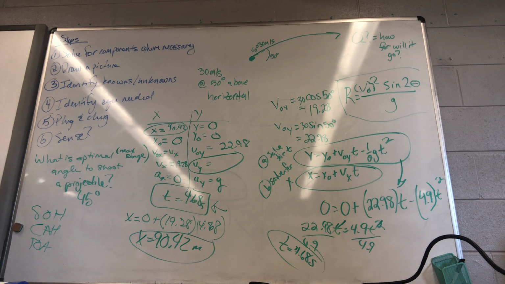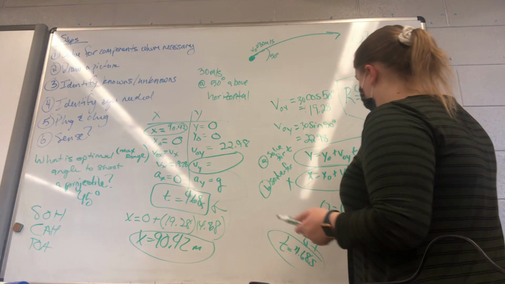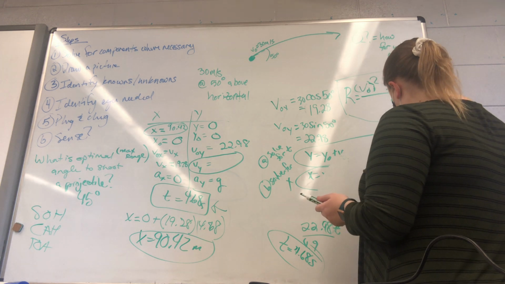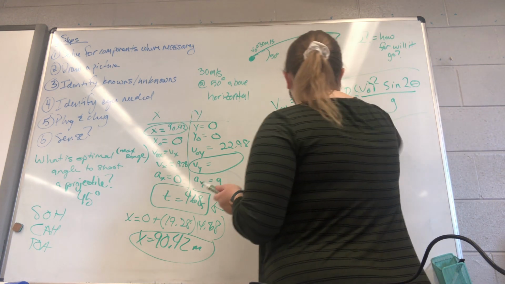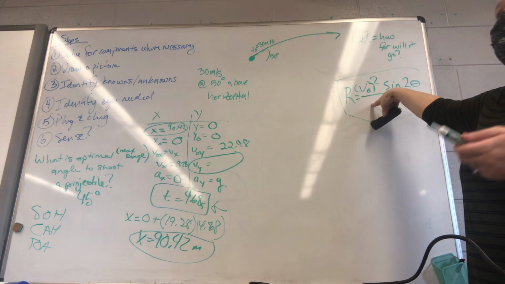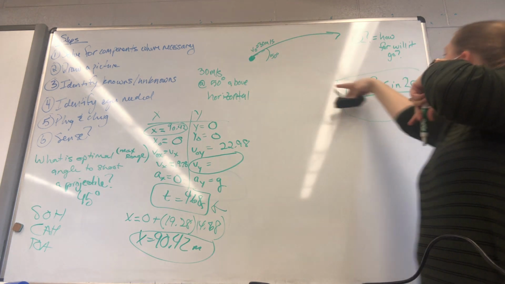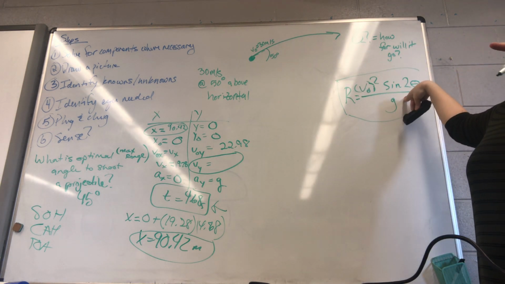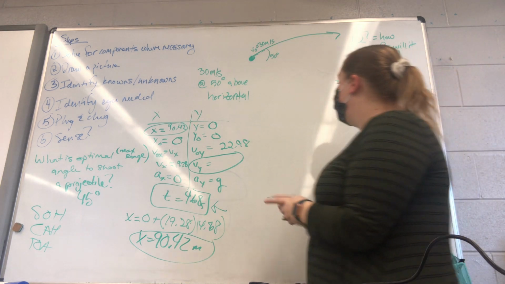Okay, let's do it the other way. Let's do the shortcut. Say again? I thought we were doing all of that to get to the shortcut. Nope. The shortcut formula says that you can plug in the initial speed without breaking it into components, multiply by the sine of 2 times the angle, and then divide by the gravitational constant.